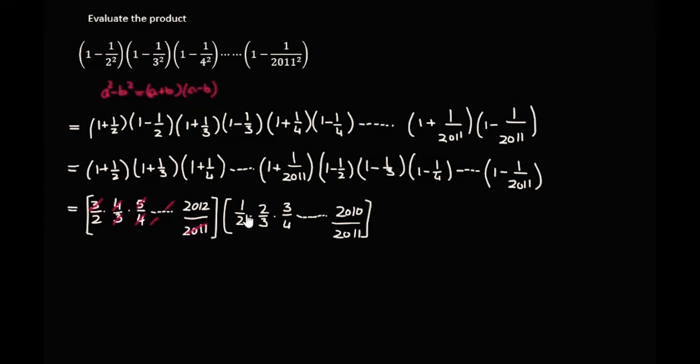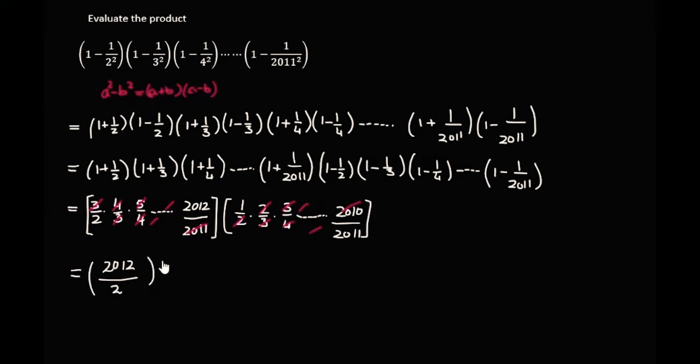In the next expression, this 2 will cancel with this 2, this 3 with this 3, this 4 with this 4, and 2010 will cancel with the term before it, and we are left with only 2012 over 2, and the rest of the terms have been cancelled.